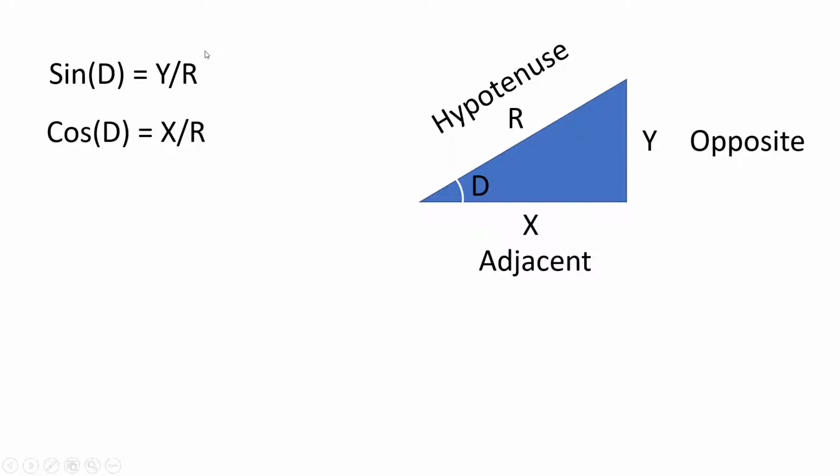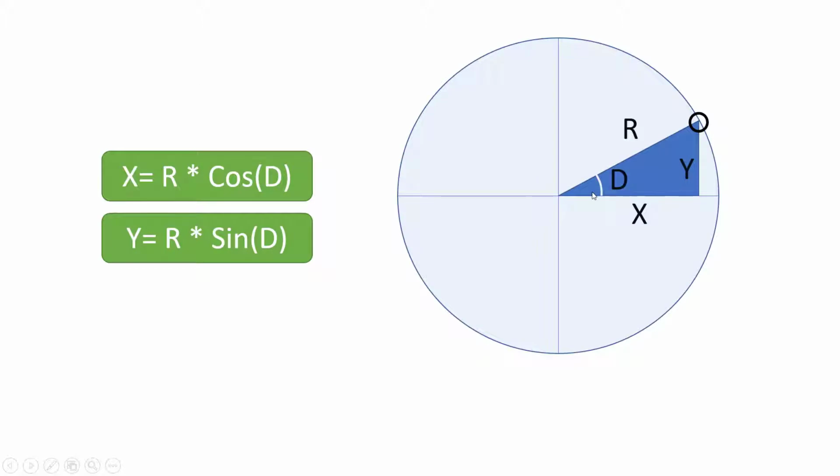Alright? So, you need to memorize this and try to understand it. Now, I need you to imagine that we have a circle that has this radius and this point as the center of that circle, such as this one. Now we have this circle, the center of the circle is here, and this is our angle.